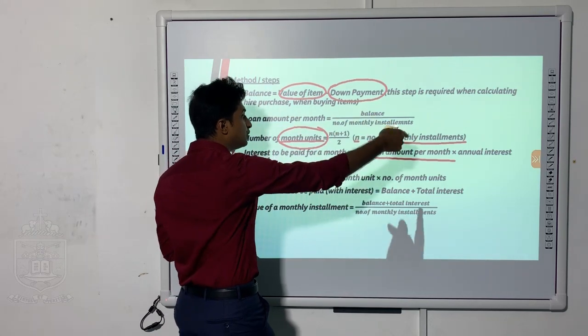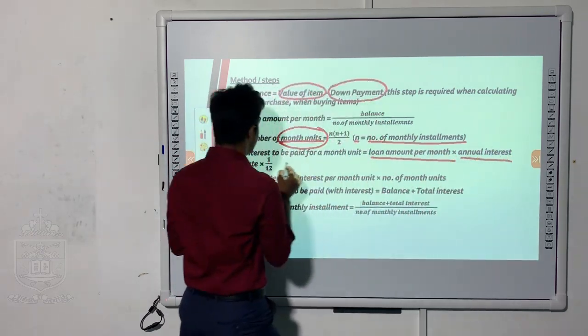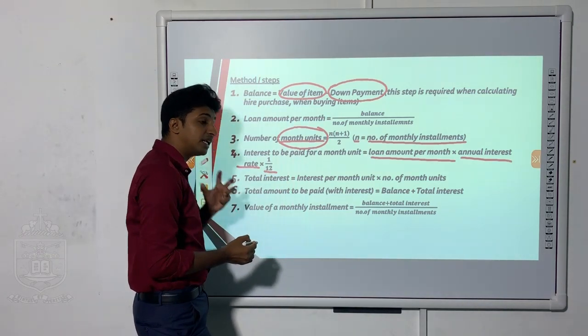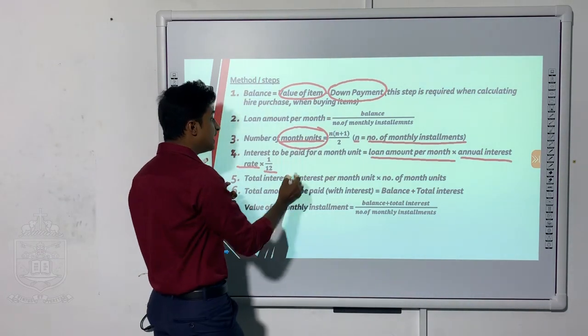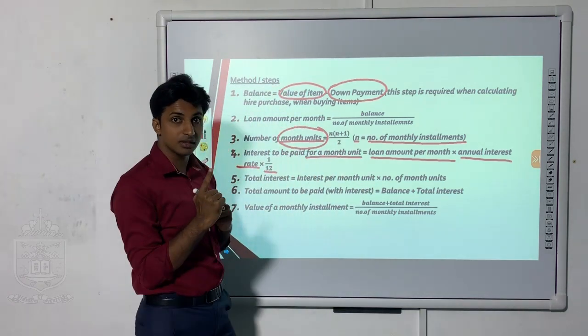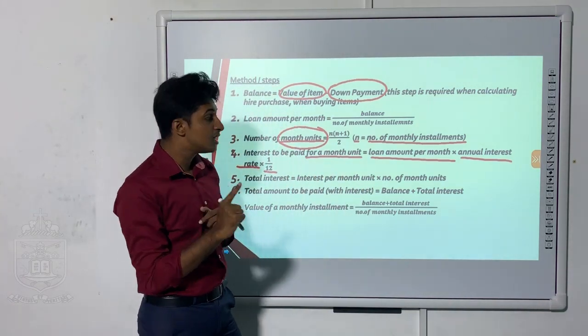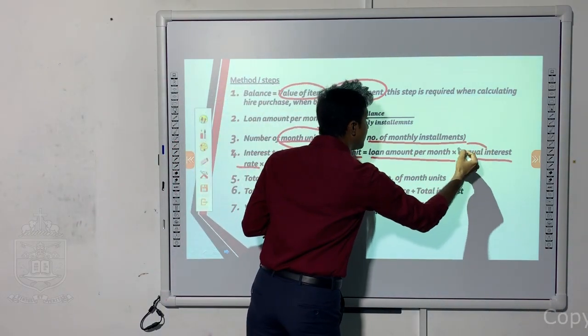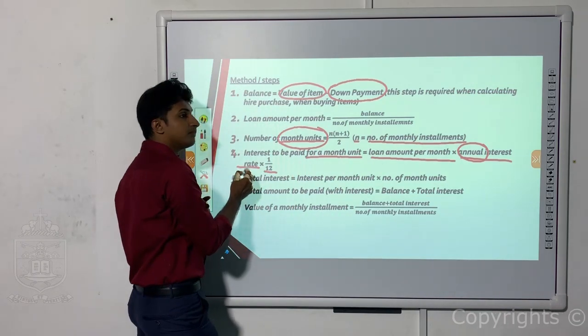This amount into annual interest rate into 1 over 12. Why we are going to calculate that into 1 over 12 is because here you have to find the interest for a month unit. For a month unit, not for the year. So if you see here, loan amount per month into the interest rate, which is given annually.